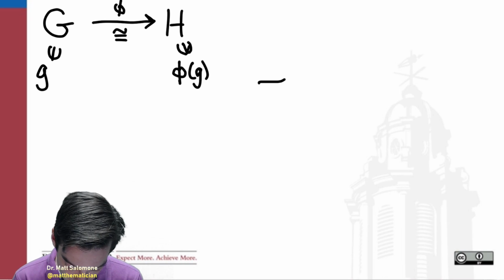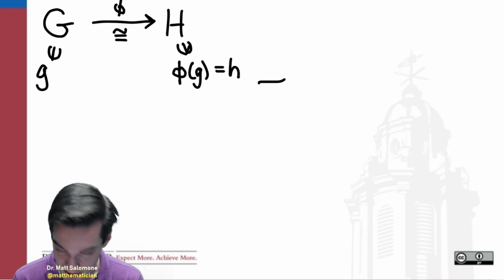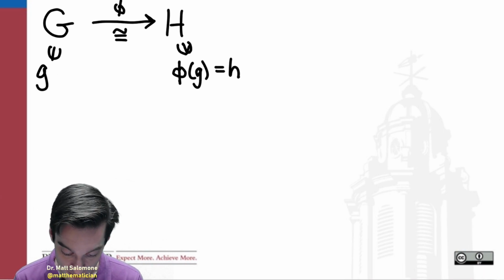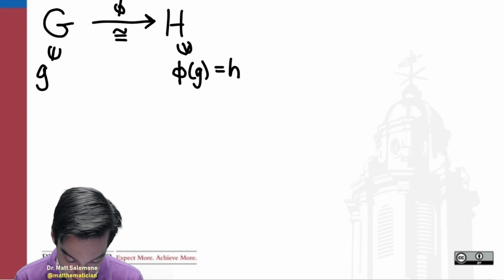Just for the sake of simplicity, I'm going to give that phi of g a name that's a little easier to work with. I'm going to just call it little h. So the element g in this group is getting mapped to the element h in the other group.